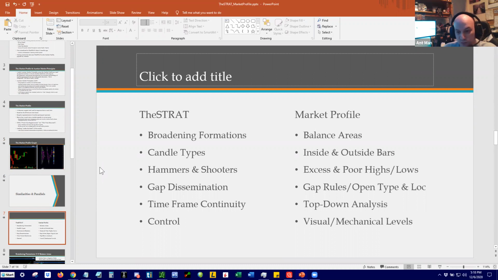The candle types, like the 1, 2, 3 candles, inside and outside bars, which is basically what a 1 and a 3 are, but the way they're used is how I found the similarity. Hammers and shooters, I found very analogous to what's called excess and poor highs and lows, which I'll discuss briefly when we get to that slide.